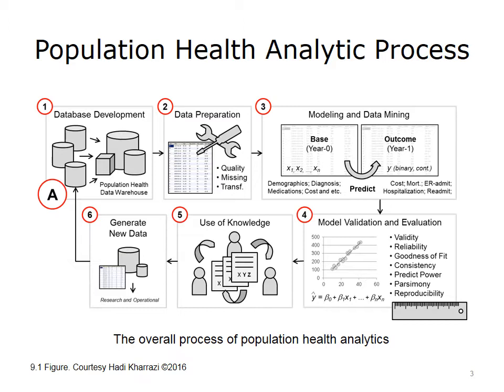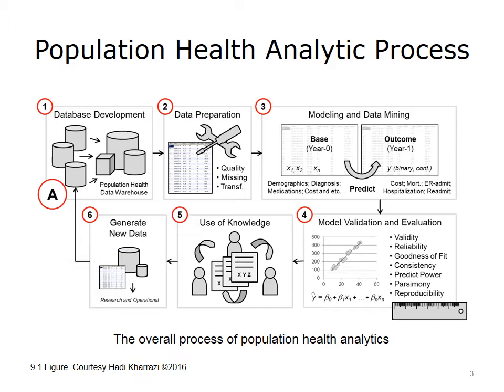Thus, the predictive model is usually developed based on the base data set, and the predictive accuracy of it is often measured on the outcome data set. Sometimes, however, the accuracy of the model is also measured on the outcome variables available in the same base year. The latter approach is usually referred to as the concurrent model, to differentiate it from the former predictive models.